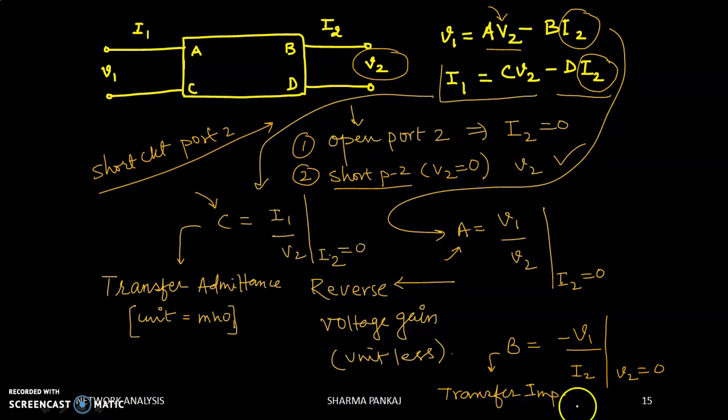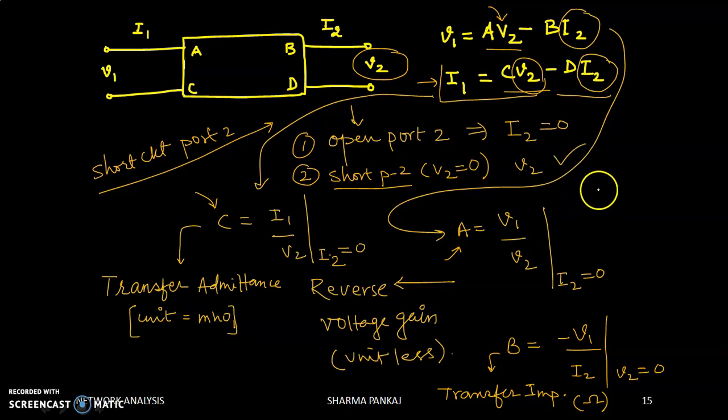Impedance, and the unit is ohm. Now see equation number 2. This is I1 is equal to CV2 minus DI2. Now we have short circuited port number 2, so V2 is 0, and this term will be 0. So I1 will be equal to minus DI2.